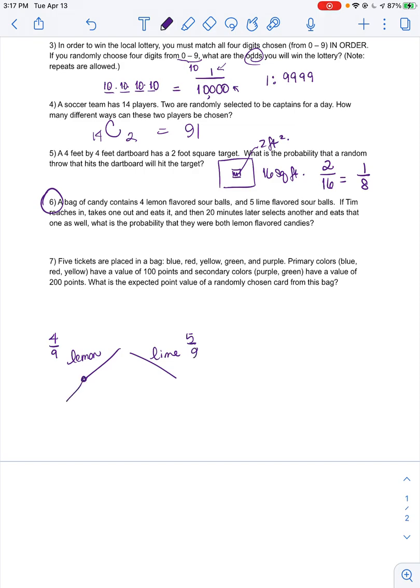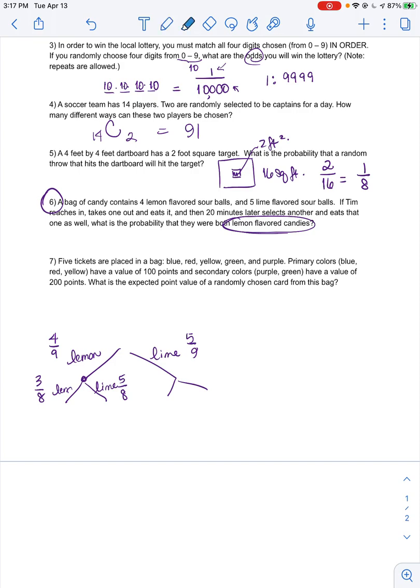If the lemon was chosen, I can choose lemon again, or I can choose lime. Here, since one of those candies is gone, there's a 3/8 probability of a lemon and a 5/8 probability of a lime. You can do lemon and lime over here as well, but my interest is in whether or not they are both lemon flavored candies.